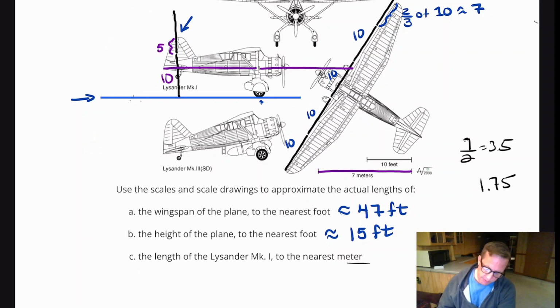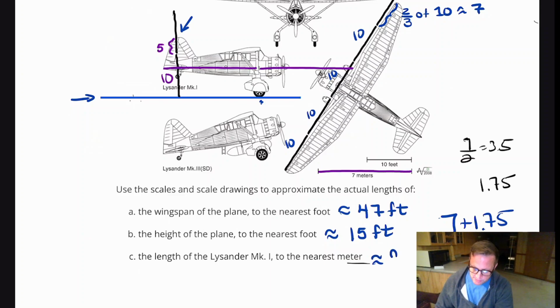So this is going to be 7 plus 1.75, which is 8.75, but we have to round to the nearest meter, so about 9. This is in meters, not feet.